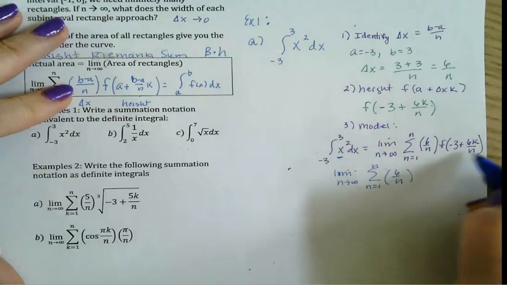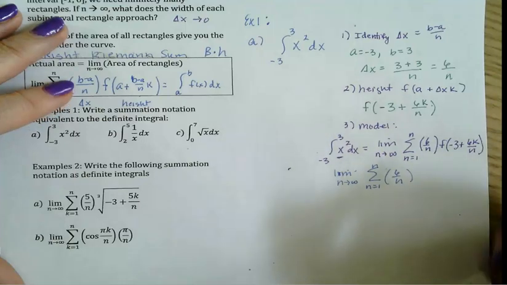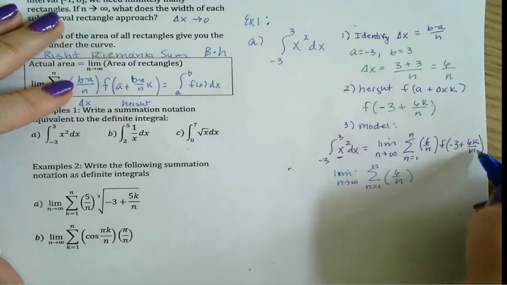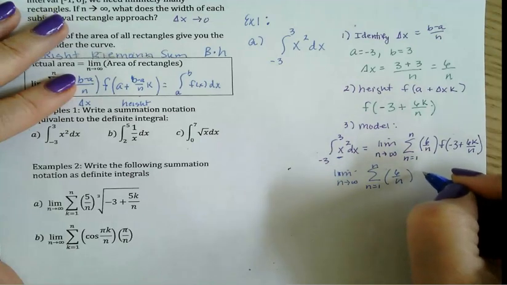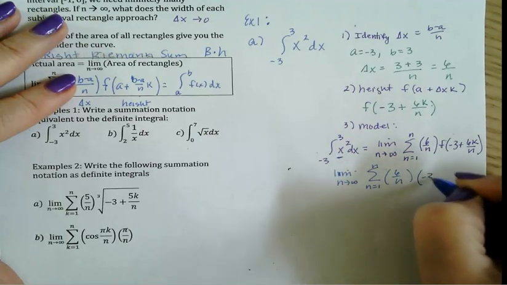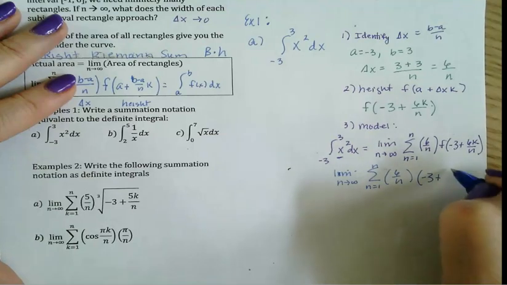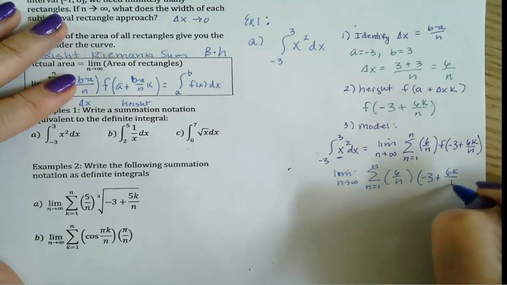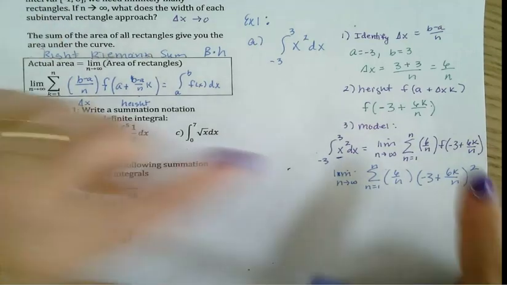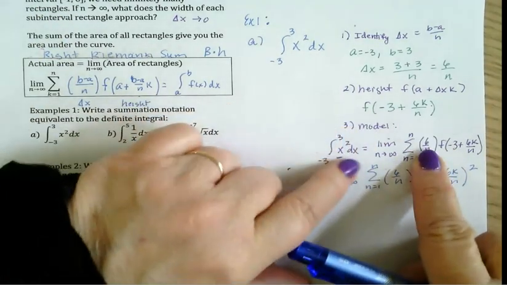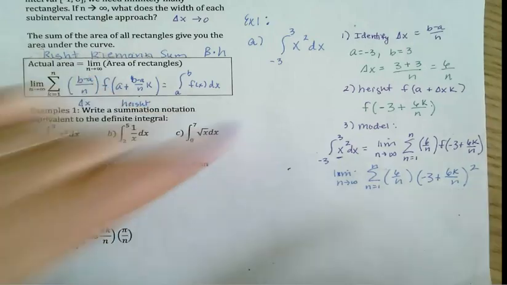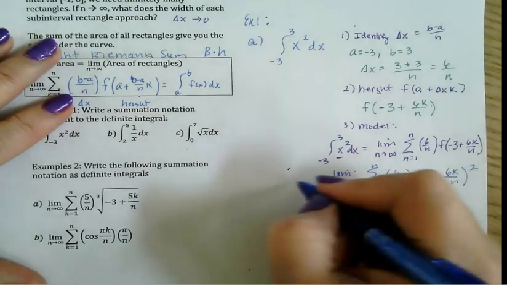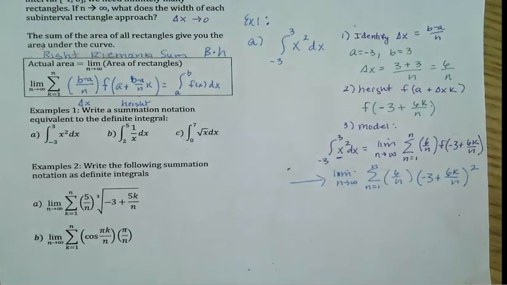So basically what we're doing is putting this piece right here into our x squared, because this is f of x and this is x squared. So then I'm going to have in my notation the negative 3 plus 6k over n, and I'm going to square it. This is the width, which is dx, and this has to go into my model to actually get my equation. So this is what it's finally going to look like.